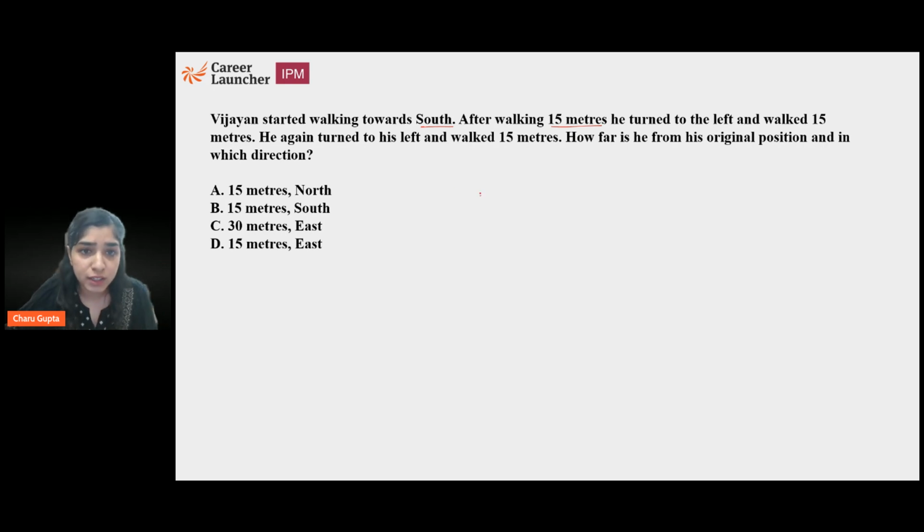Okay, so he's walking towards the south. Let's say this is the starting point. Let's say this is P. He's walking towards the south and he walked for 15 meters. Now he turned to the left and he walked for another 15 meters. And then he turns left again and walks 15 meters.